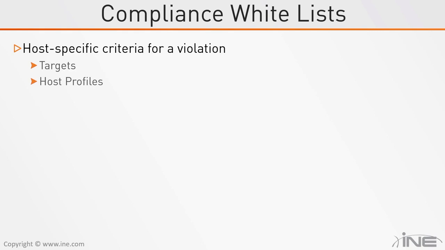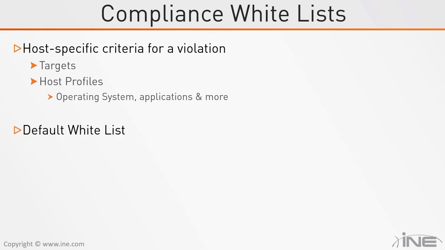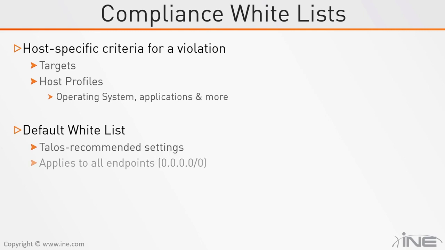We've got the targets, which basically tells us what hosts we want to evaluate based on their IP addresses, ranges, individual IPs, and we've got host profiles, which is where we tell what information we want to check in order to determine if the device is compliant with our policy or not. There is also a default whitelist, which is created by Talos. It applies to all endpoints, and it is pre-configured with a bunch of settings.